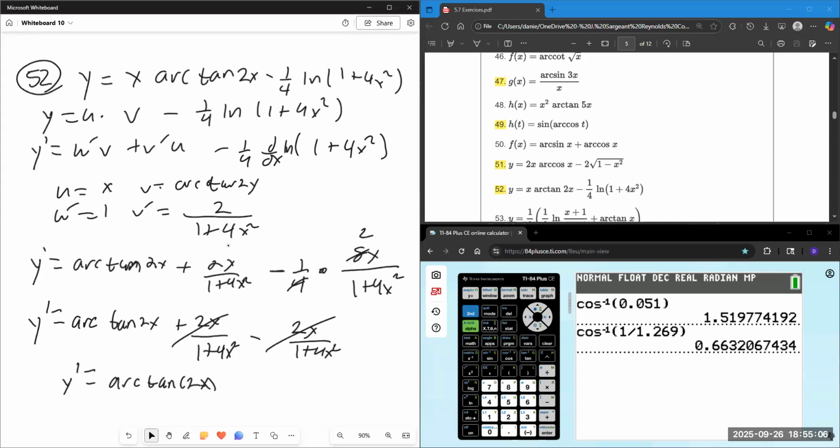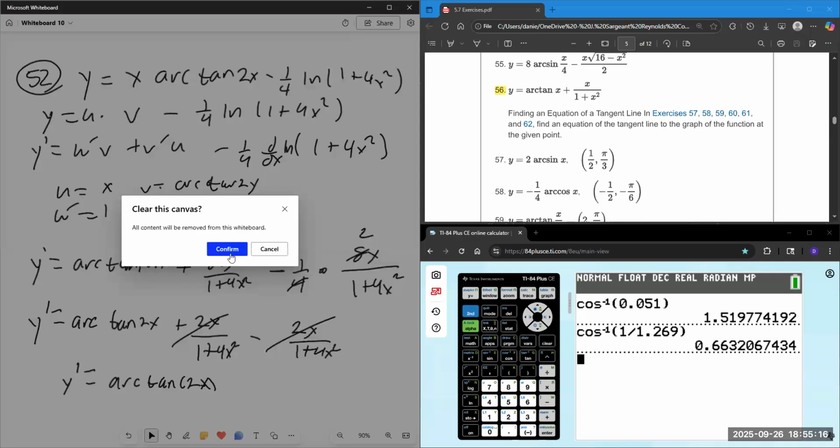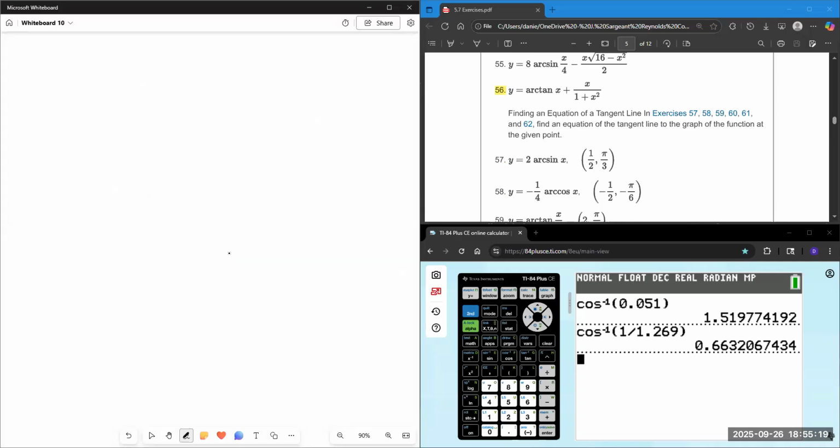Let's look now at number 56. And this will wrap everything up for this section. So 56 says y is equal to arctangent of x plus x over 1 plus x squared.